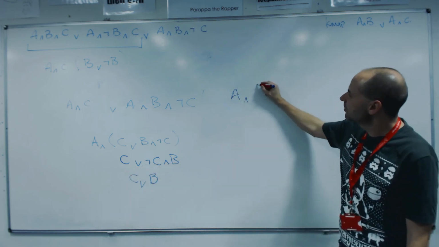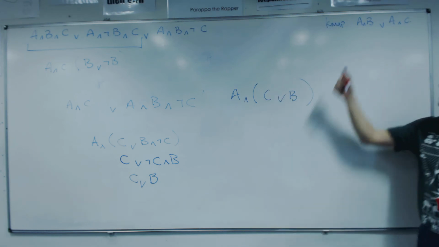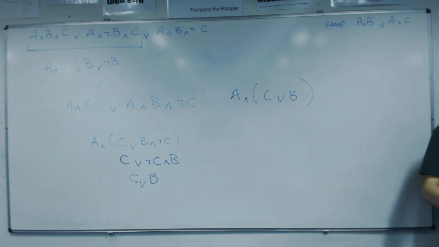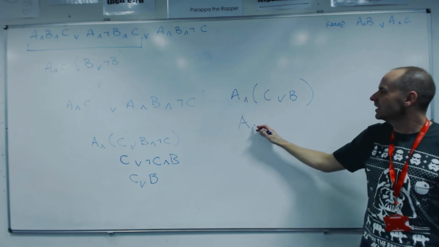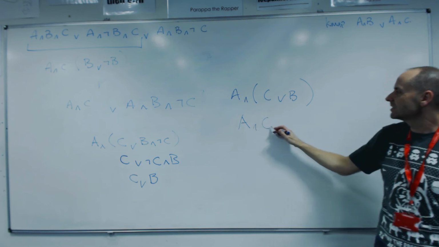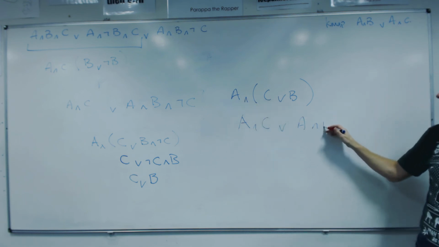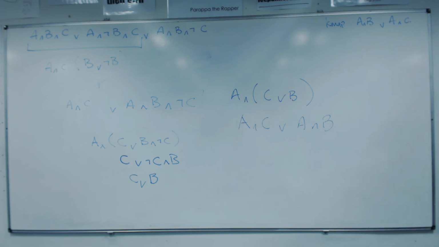So we've ended up with C or B. Now that doesn't look like that because this has got brackets and it's all ready to be multiplied out. So let's just use the distributive thing again: that's A times C. So A and C, or A and B. Ooh, that's what we had in the Karnaugh map.